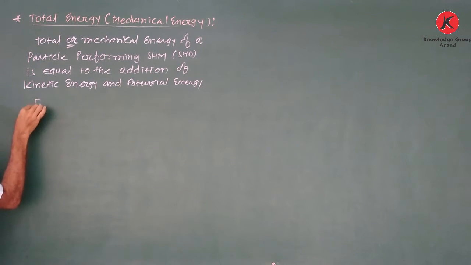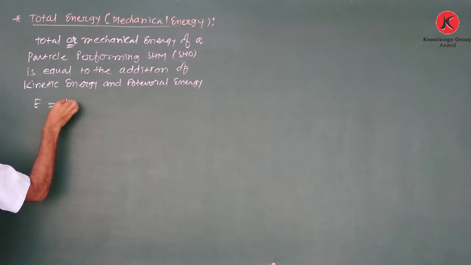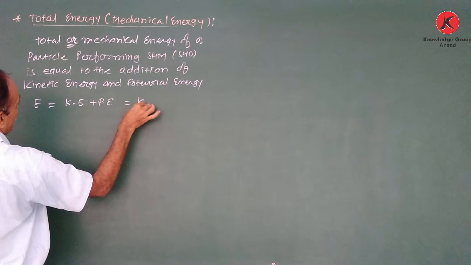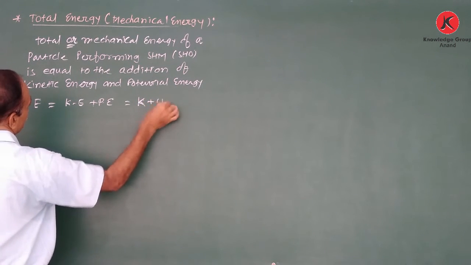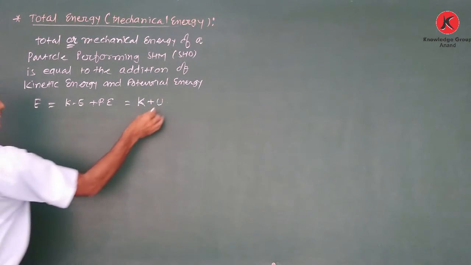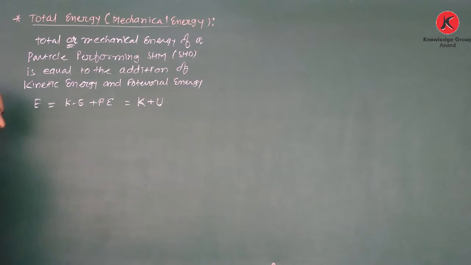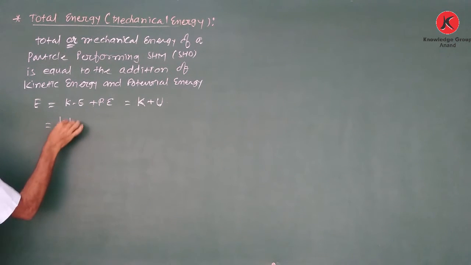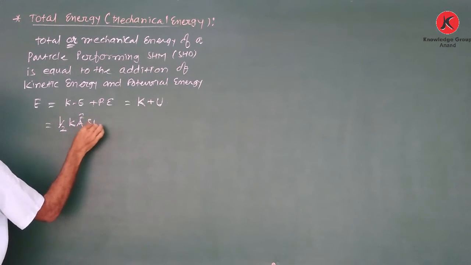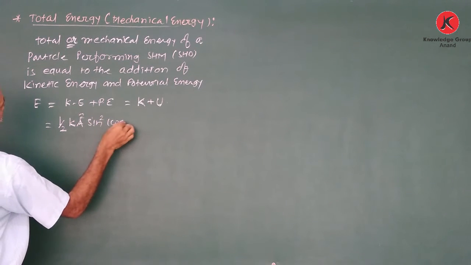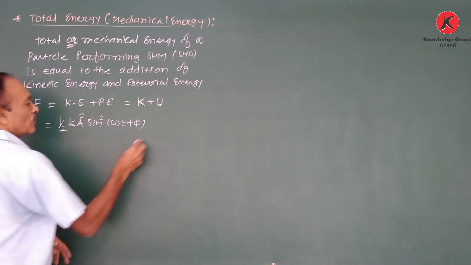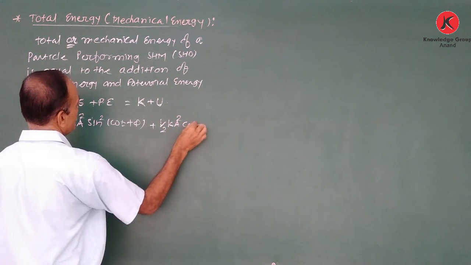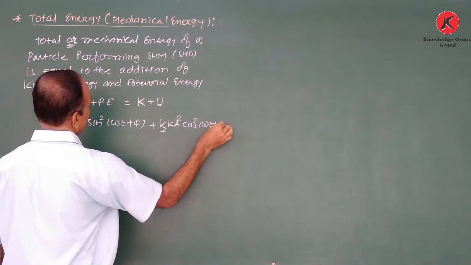Therefore, mechanical energy is equal to kinetic energy plus potential energy, that is E is equal to K plus U. Substitute the value of equations 3 and 6. Kinetic energy is half k a square sin square omega t plus phi, and potential energy is half k a square cos square omega t plus phi.